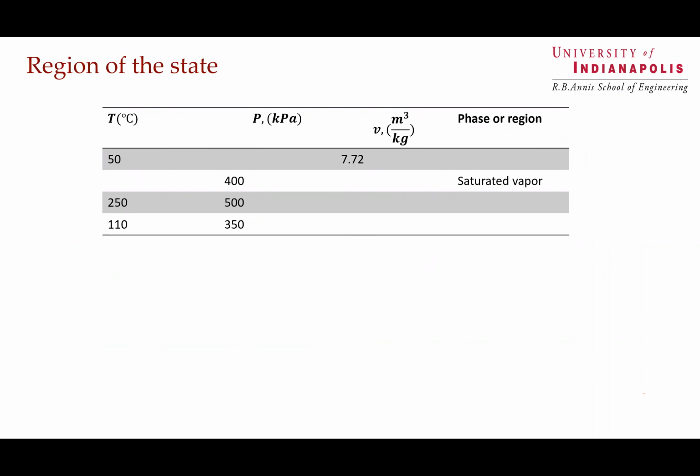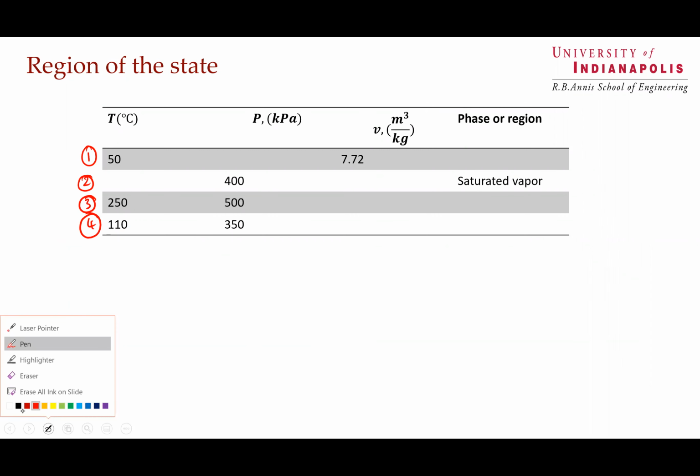Now, how do we decide the region of the state? In each case, we have 4 different cases. Here we need the knowledge of reading tables. First of all, my best practice is to draw for each case a small TV diagram or PV diagram.